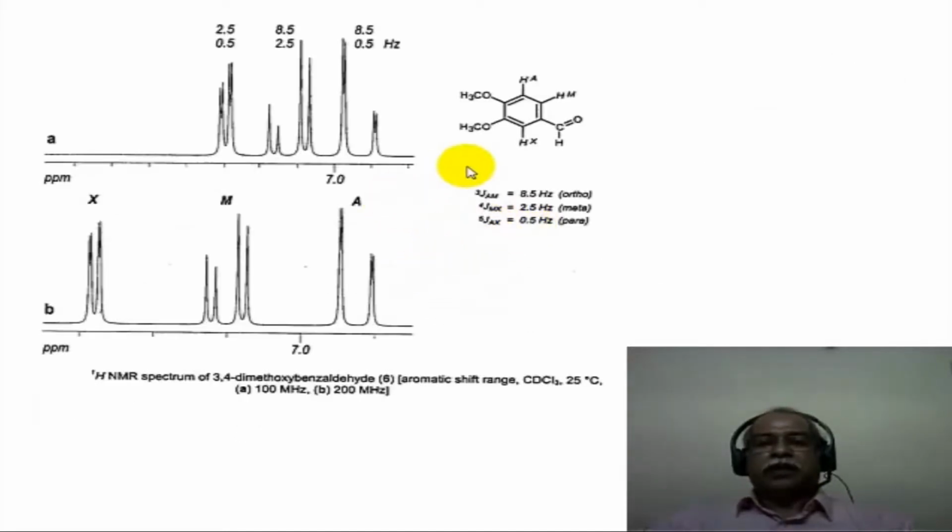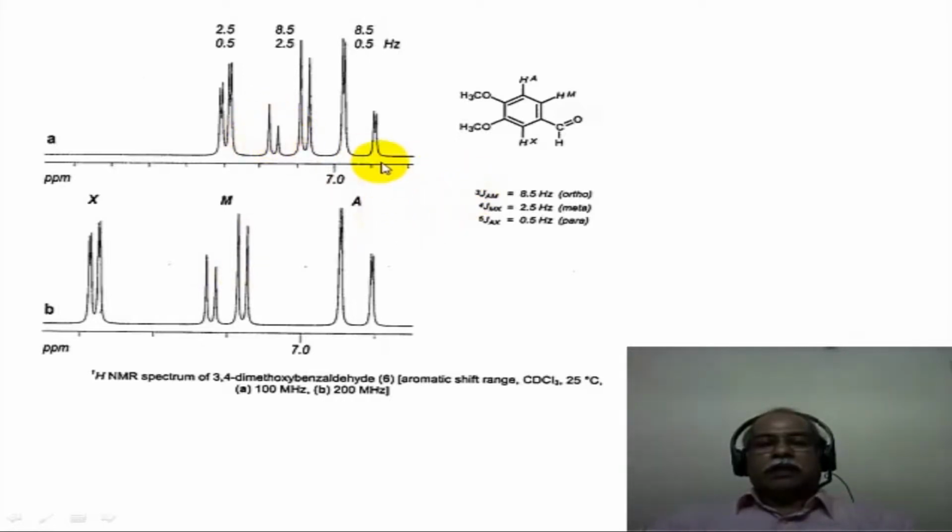Another example is shown here. This is a spectrum of dimethoxybenzaldehyde. This spectrum we have already seen in the earlier module also. This is a 100 MHz NMR spectrum, and this is a spectrum recorded in a 200 MHz NMR spectrometer. As you can see here, the peak intensities are much better here. They are more or less equally intense between the doublets, unlike in this case, where the intensities are very different.